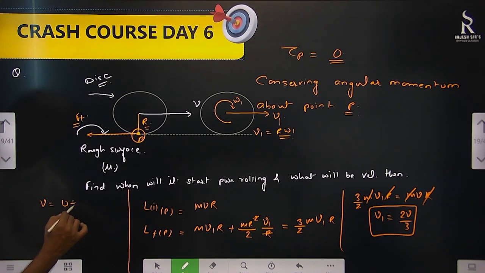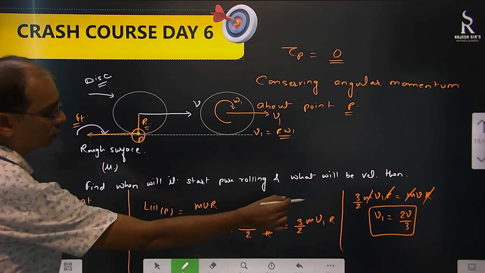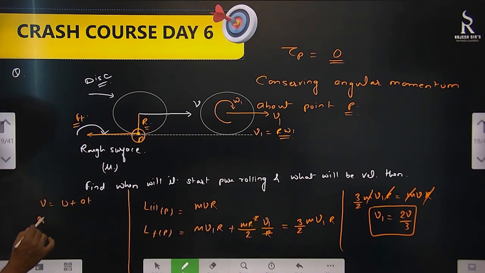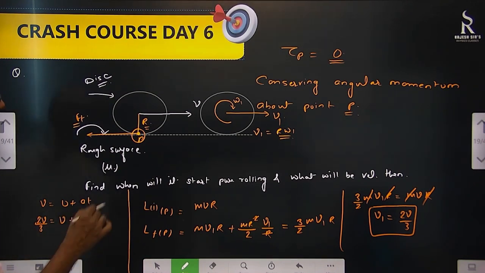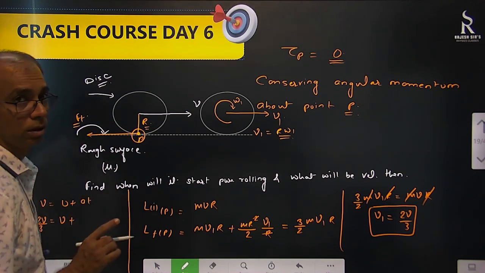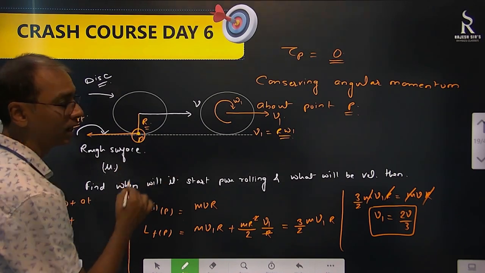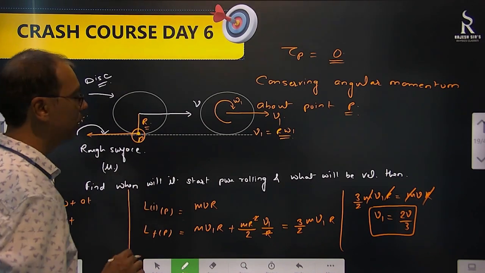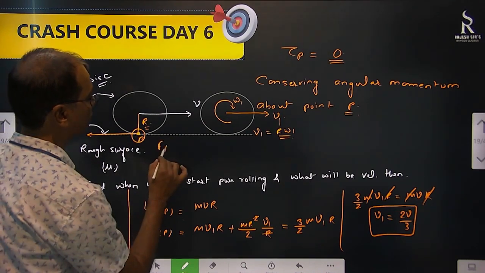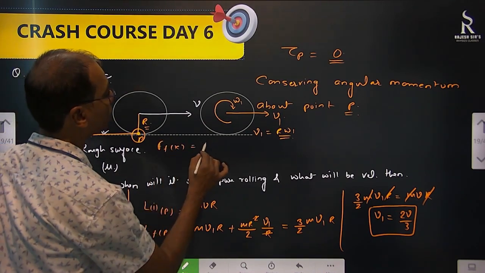What is V value? 2V by 3. What is initial velocity? V. Who is giving acceleration? Friction. Which friction is there? Kinetic friction, because initially it was sliding. So the force of friction is kinetic and its value is mu N.